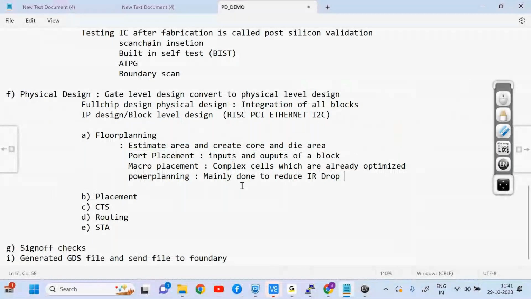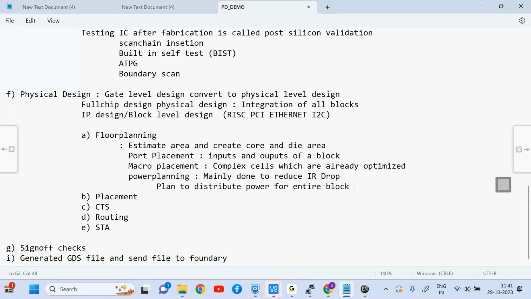So power planning is mainly done to reduce what? IR drop. So why IR drop? In power planning, we plan how to distribute power for the entire block.